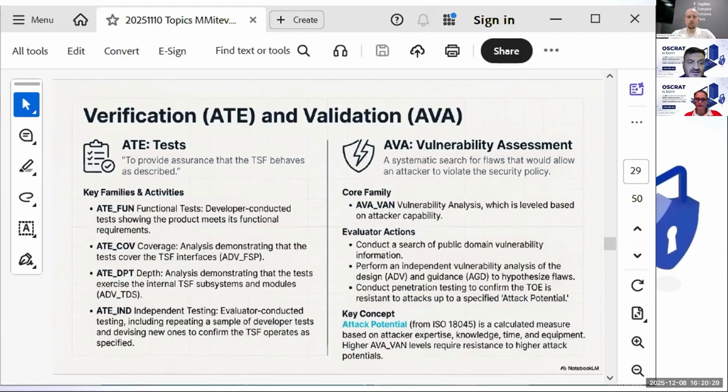The attack potential metric from the ISO/IEC 18045 standard is used to judge how difficult an attack would be. Higher levels require more advanced expertise, tools, and time. This ensures that the evaluation is realistic and aligned with the current threat levels.